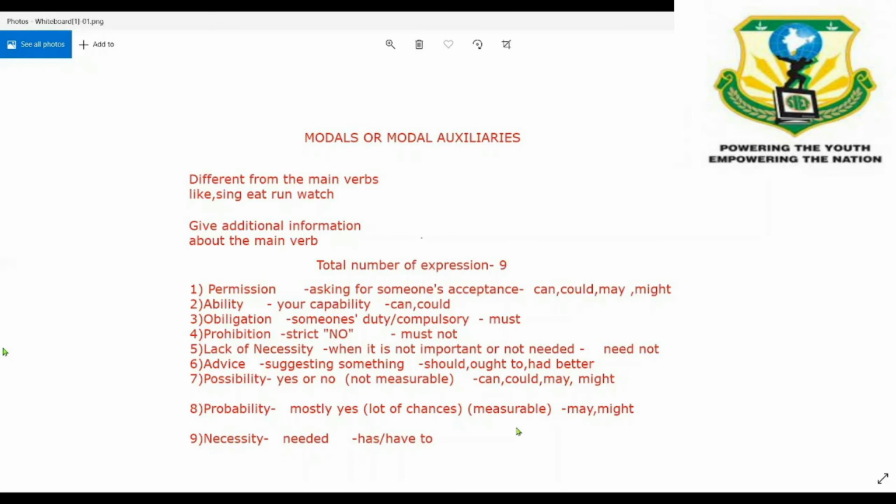When you talk about a singular noun, for instance, the boy has to be ready with his pen to write the examination. That is has. When you're talking about a plural noun, students, a lot of people, the students have to bring their own stationery items for their examinations. So these are the 9 expressions where we use modal auxiliaries, right?